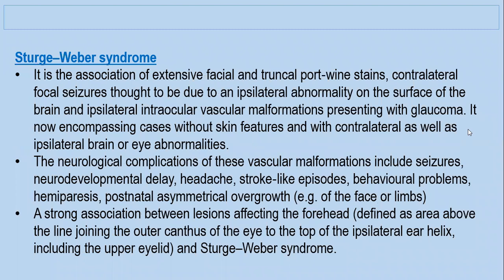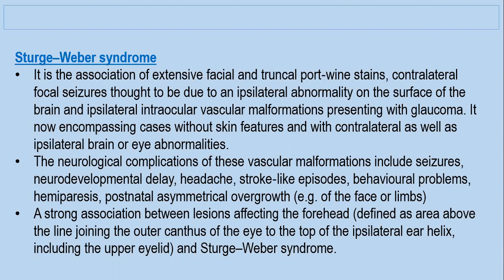Sturge-Weber syndrome. The association of extensive facial and truncal port wine stain with contralateral focal seizures, thought to be due to ipsilateral abnormality on the surface of the brain, and ipsilateral intraocular vascular malformation presenting with glaucoma.